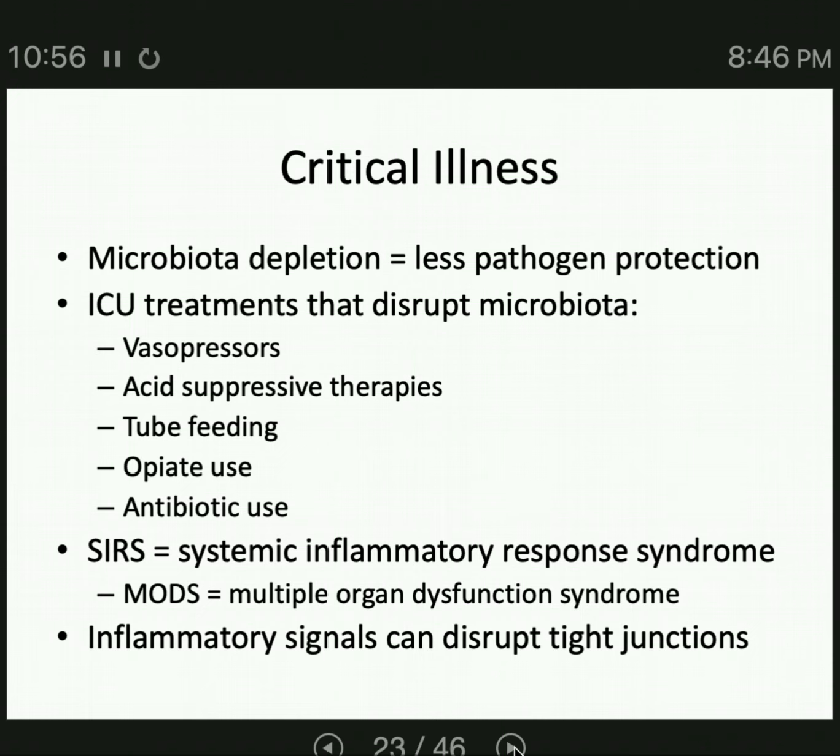So SIRS describes an overreactive inflammatory response that can lead to multiple organ system failure. It stands for Systemic Inflammatory Response Syndrome. Inflammation can increase permeability of the intestinal epithelial cells by disrupting tight junctions.